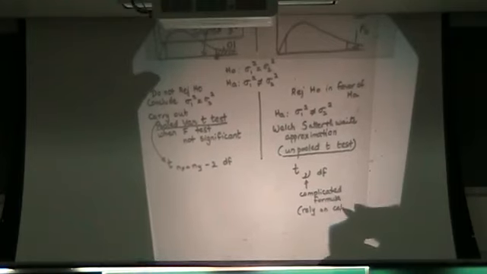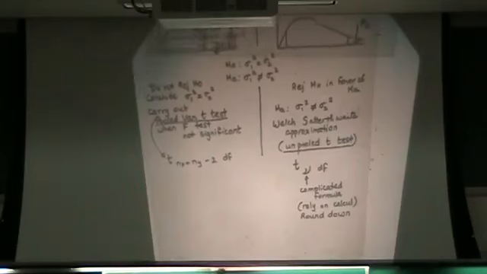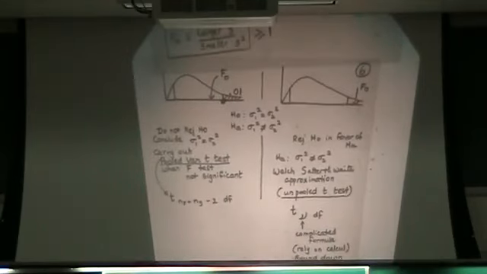Rely on the calculator, but round down. You'll see what I mean when we do that. This is nu. Mu looks like a U. Nu looks like a V.